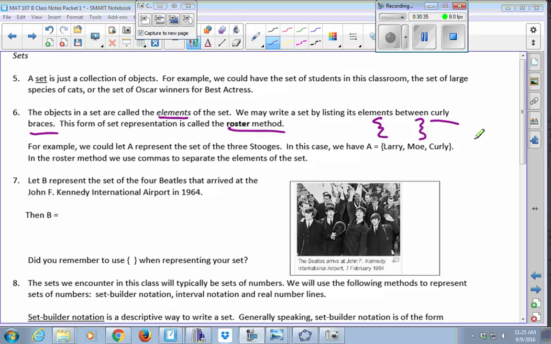See if you can come up with their names. So what did you come up with? I want to write exactly what you wrote after this equal sign. Someone tell me what they have, exactly as you see it on your paper. Ian? John Lennon, Paul McCartney, George Harrison, Ringo Starr. So I'm going to write it exactly like you told me.